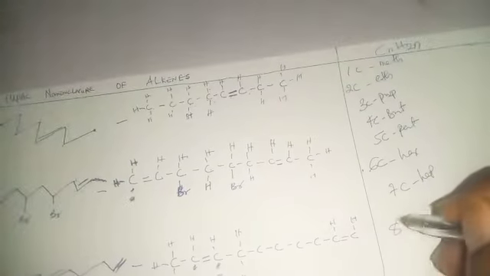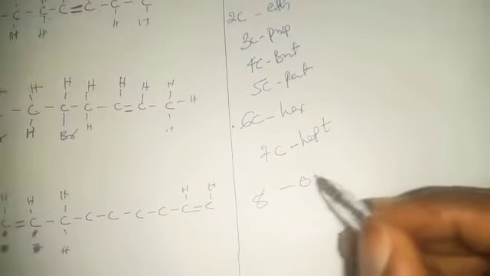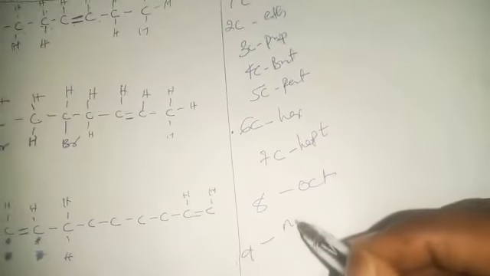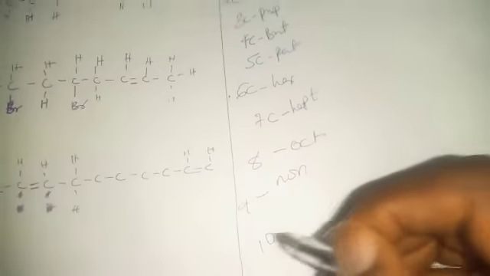Seven carbons, hept. Eight carbons, oct. Nine carbons, non. Ten carbons, dec. But for alkenes, we don't have meth. So for alkenes, we rule out meth.